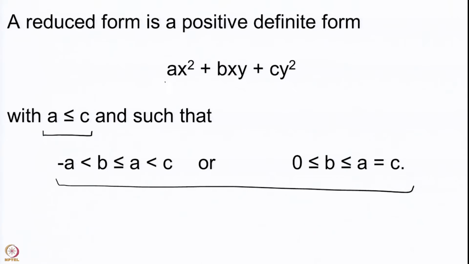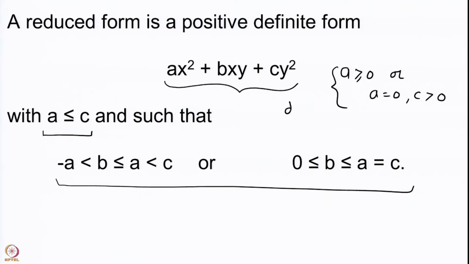So, we have a positive definite form, that means a is positive, or whenever a is 0, c is strictly positive. And of course the discriminant is negative. These are the two conditions which we have for positive definiteness.